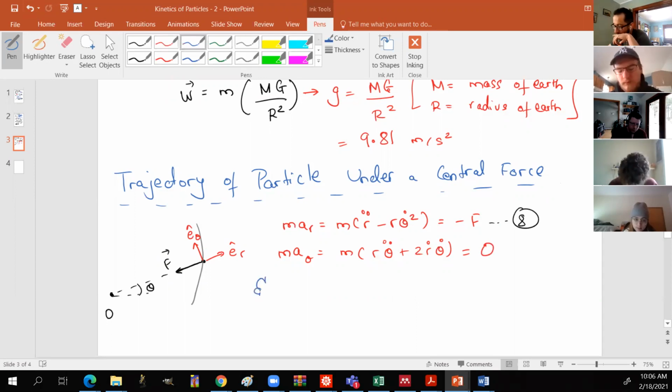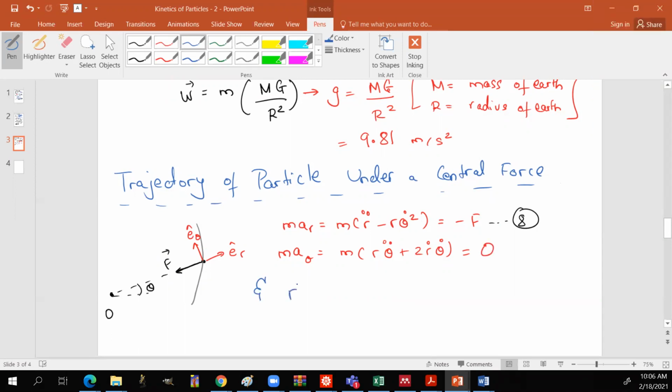And now we know from our conservation of angular momentum that the quantity r squared times theta dot, which is equal to h, is equal to a constant. Then you can manipulate this expression to say that r squared times d theta over dt is equal to h. Or you can say that d theta over dt is equal to h over r squared.